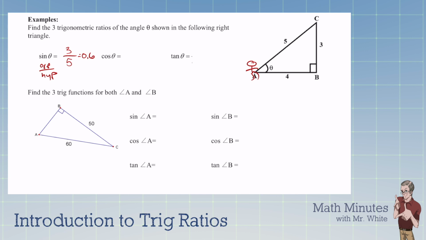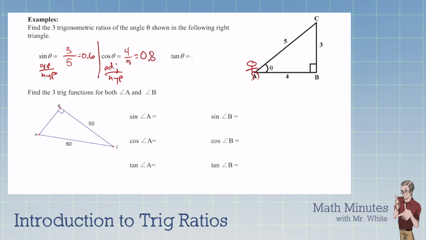Now, what about cosine? Cosine of theta. Cosine is adjacent over hypotenuse. You'll get these memorized once you work with them enough. So the adjacent leg would be right here. That's the one next to theta divided by the hypotenuse. So it would be 4/5, which is 0.8.